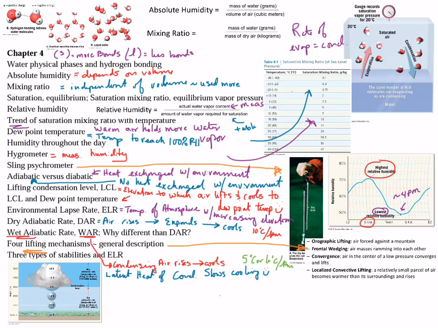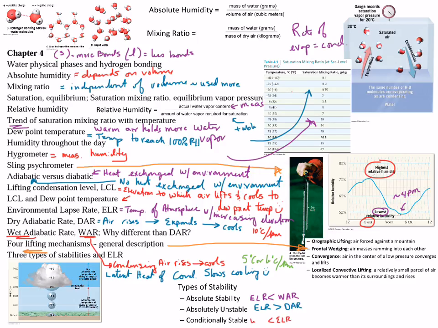And then we talked about the 3 different types of stability. Now you send up your weather balloon and you get the ELR, and then you compare the ELR to those other things. So if your environmental lapse rate, your weather balloon says, is less than the wet adiabatic rate, then that is absolutely stable. Absolute stability.